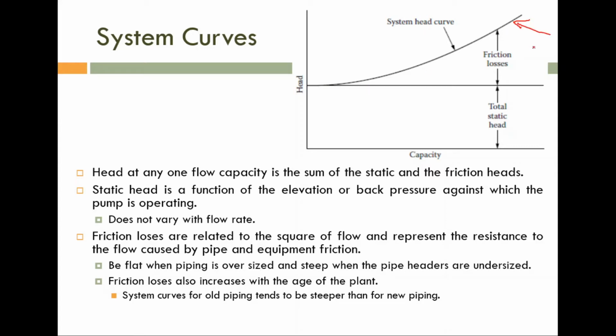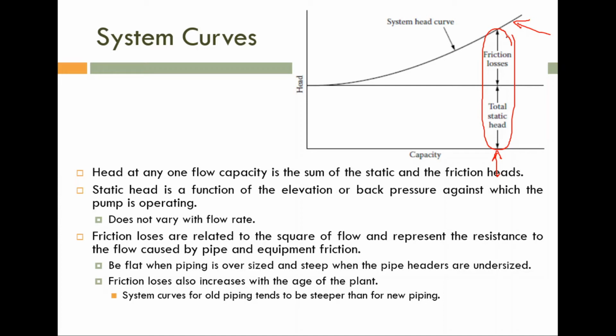Please note why we are studying the system curve. If you are transporting liquid by using a pump, the pump has to deliver enough pressure to overcome this loss. If you are pumping liquid with this particular flow rate, then the pump has to provide sufficient pressure to overcome this friction loss.